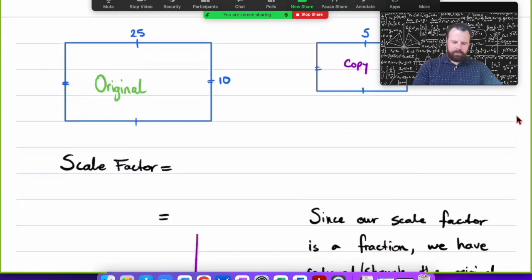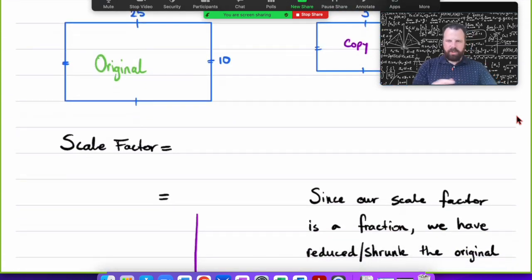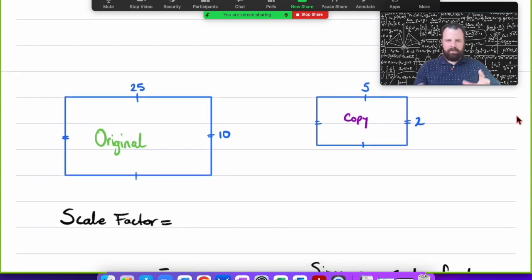Moving on. Again, we have an original and a copy here, but this time it's the other way around. Remember, our scale factor is always the copy over the original. We've got to find matching sides. So 25 matches with 5, and we always put the copy over the original, so we write 5 over 25.